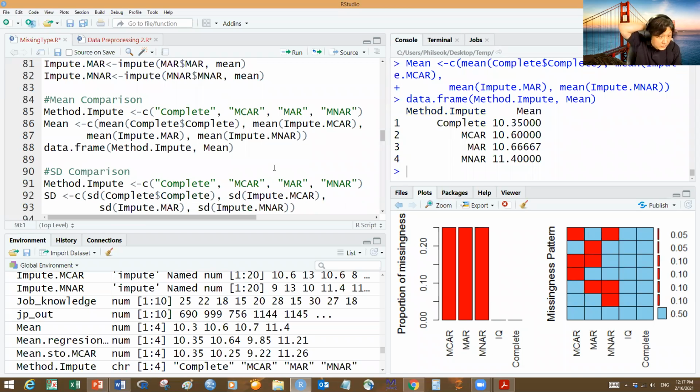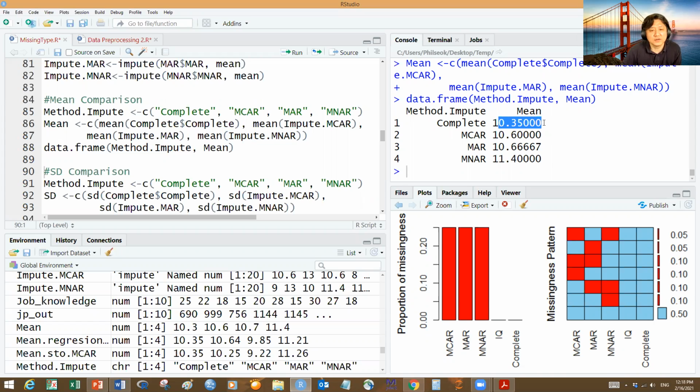Then you can also compare to your mean, right? I created a character vector: the complete, MCAR, MAR, and MNAR. Then I get the mean from the complete data set, the mean from the imputed MCAR, the mean from the imputed MAR, and the mean from the imputed MNAR. Then I just compare the means here.